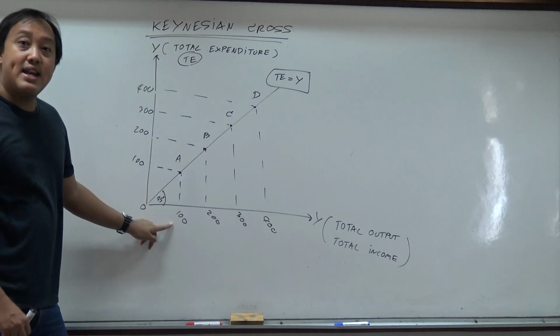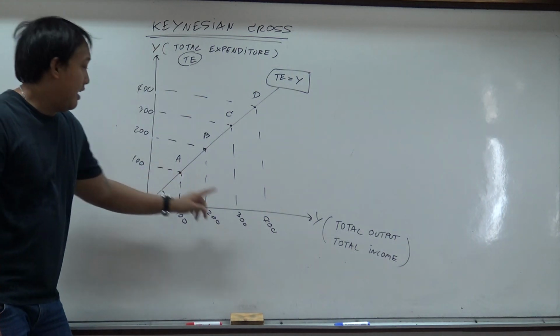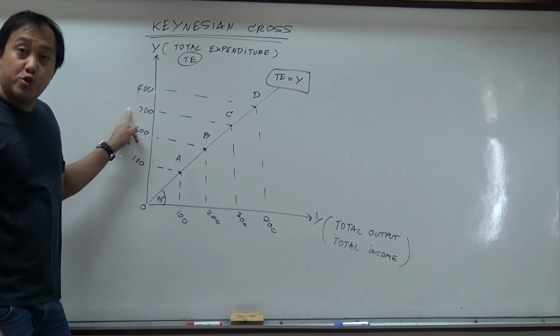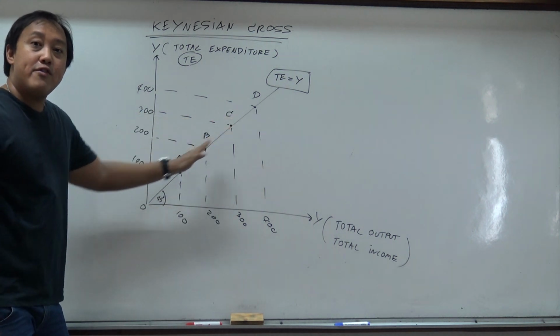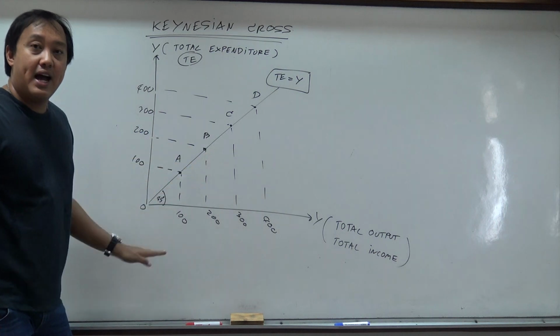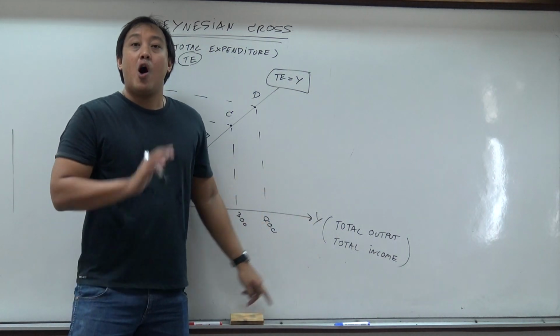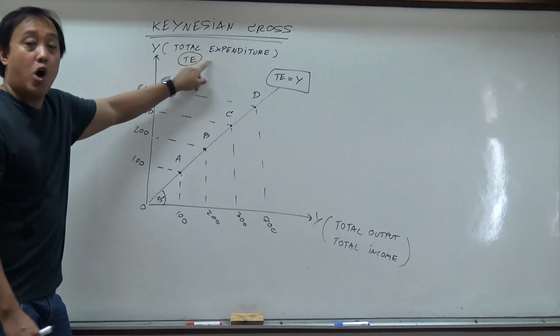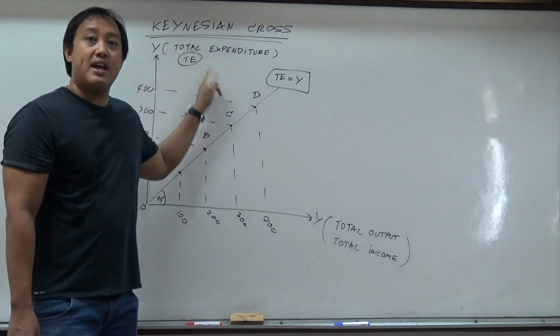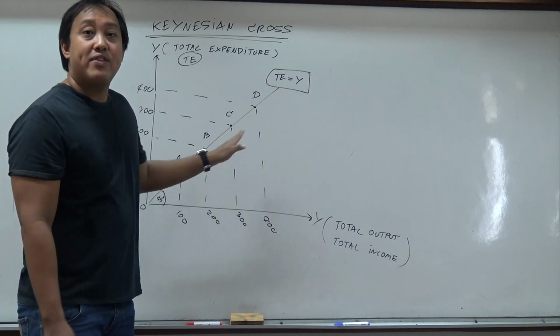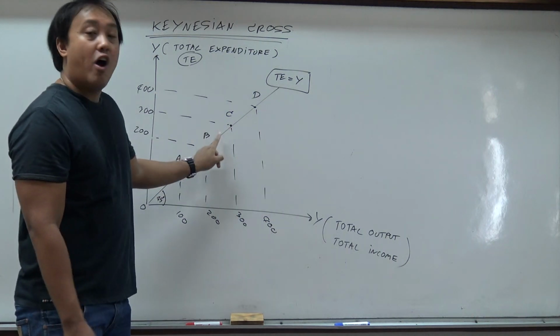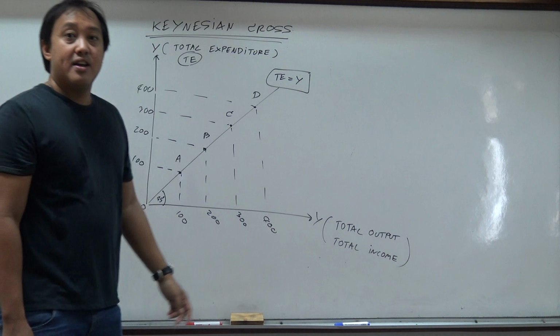If this one is 100, this one is also 100. If this one is 300, this one is also 300. So on every point on the 45-degree line, total output and total income are always equal to total expenditure. It means that you have the equilibrium if you stay on the 45-degree line.